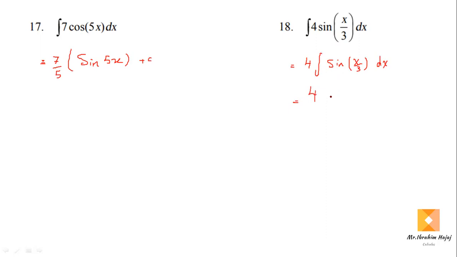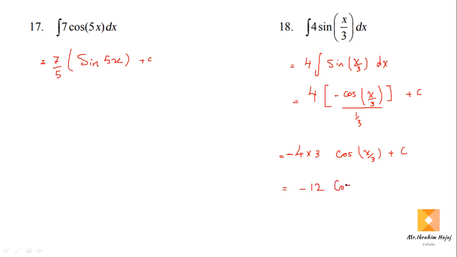The integral of sine is negative cosine of the angle, x over 3, plus c. Dividing by 1 over 3 is the same as multiplying by 3, so 4 times 3, and we have the negative. So negative 12 cosine x over 3 plus c.